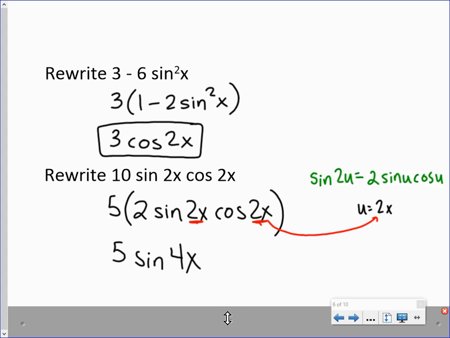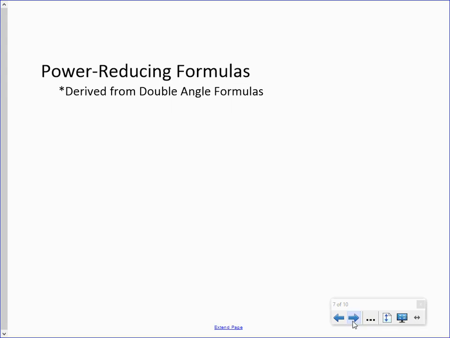Okay? Now, we have another set of formulas that will be included on the quiz and test. So again, you're not responsible for knowing these formulas, but you need to know how to use them. They're called power reducing formulas. And they come from the double angle formulas. So the double angle formulas came from yesterday's formula. Power reducing comes from the formulas we just did. And hopefully at some point we'll have a moment where we can prove one of the sum and difference formulas.